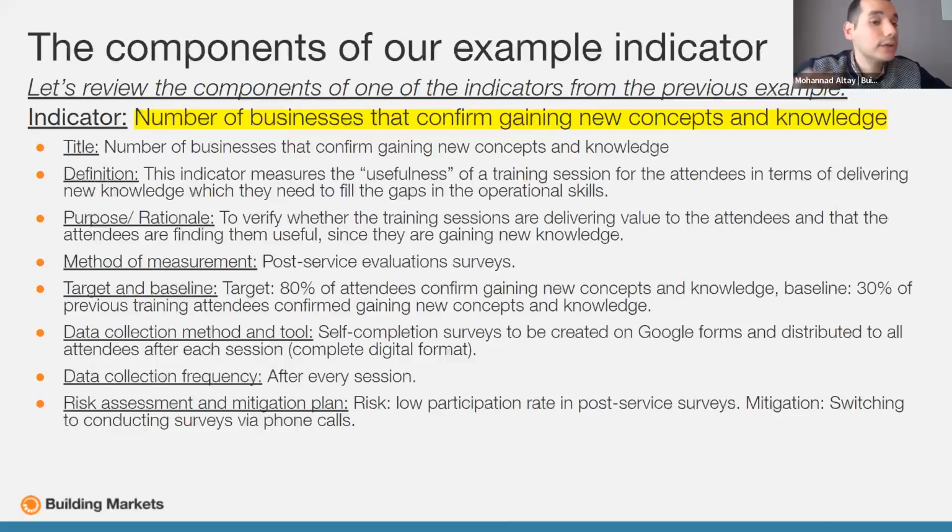So after having a clear title, it is the definition. You can think of it as a table like this, and the table has 8 columns. The 8 columns represent 8 components. And when you are selecting your indicators, it is important to fill out the 8 columns together.